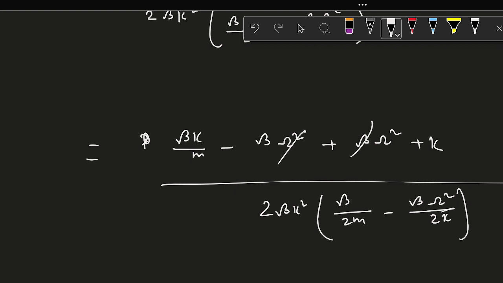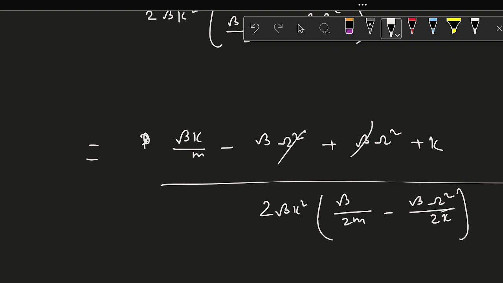If you want, you can simplify it even further, as much as you like, or you can leave it like that and later adjust the answer or simplification. So just leave it as beta by k, take it out as common, so this is beta by m plus 1 divided by 2 beta k squared into this whole constant.